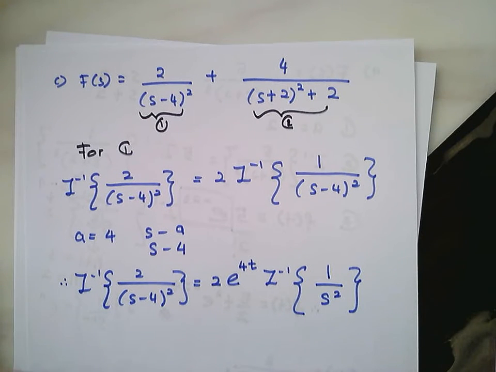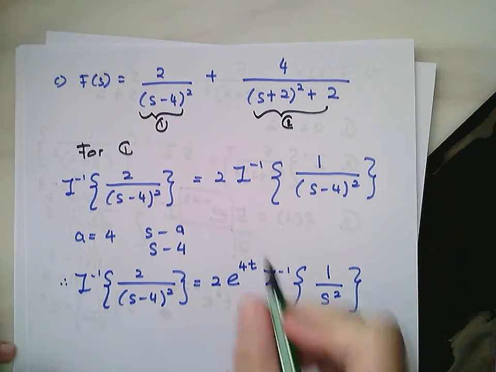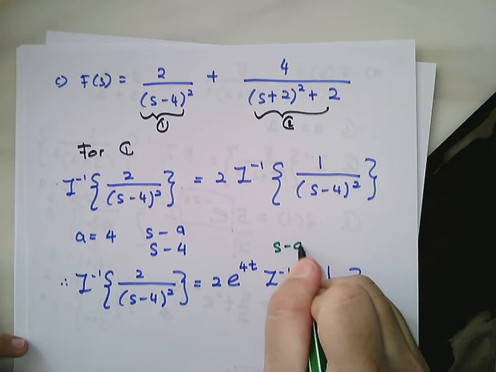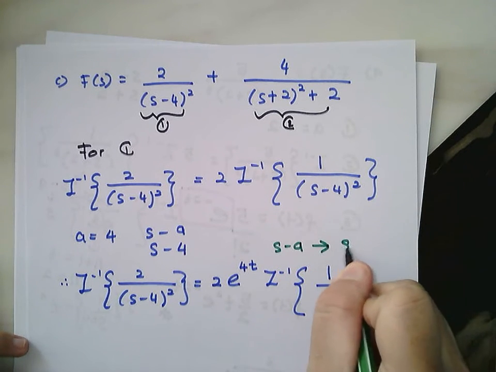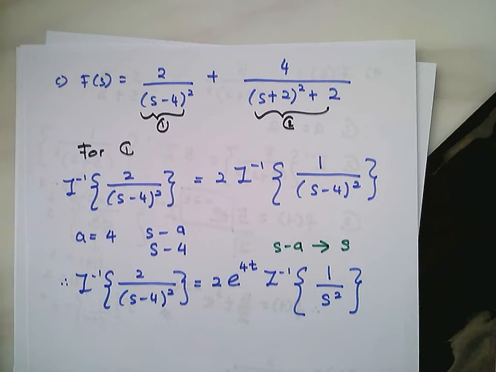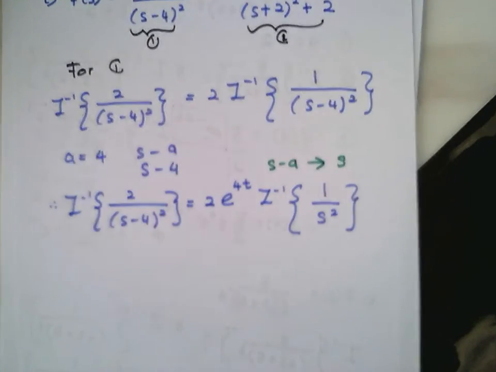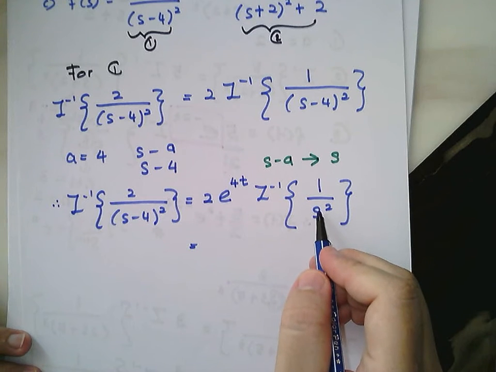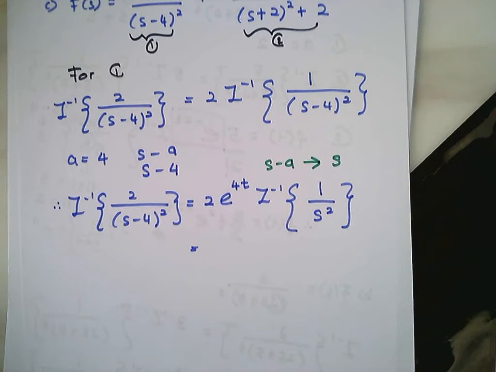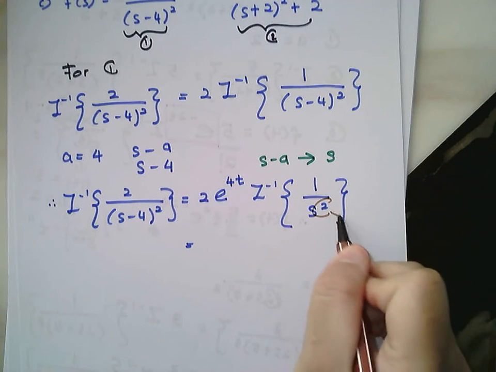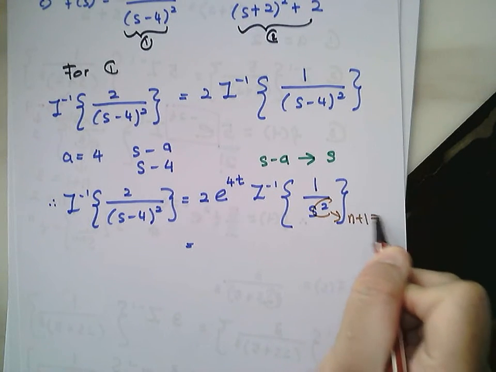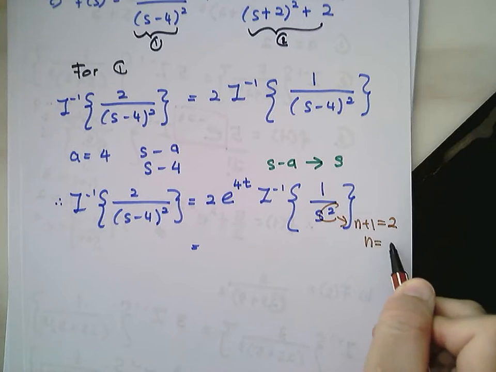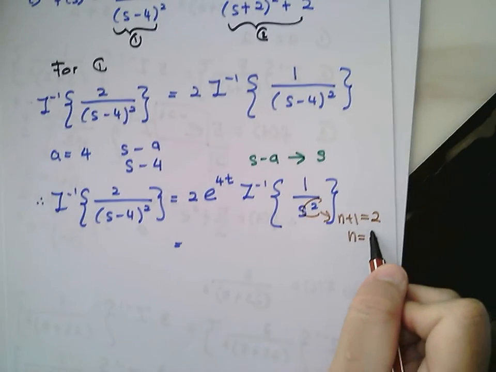Okay. S minus a will be replaced by s. So therefore you will have, so this one is directly from the table. Why? Because if your n plus 1 is equals to 2, so you know that your n is equals to 1.